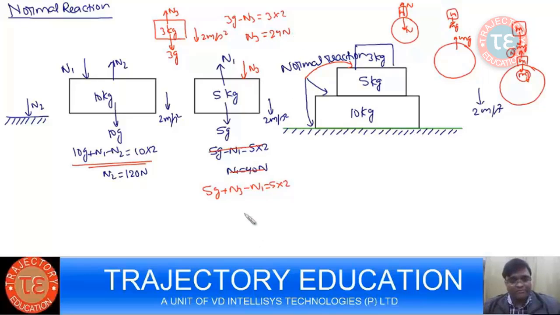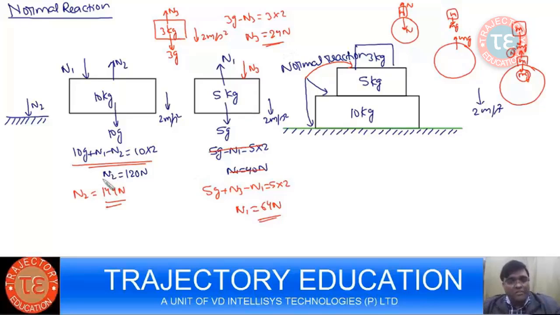So this N3 is going to be 24 Newton, and now this N3 is 24 Newton. So N1 comes to be how much? 24 plus 50, 74, 64 Newton. Okay, and N2 will come as 100 plus 64, 164 minus 20, 144 Newton.